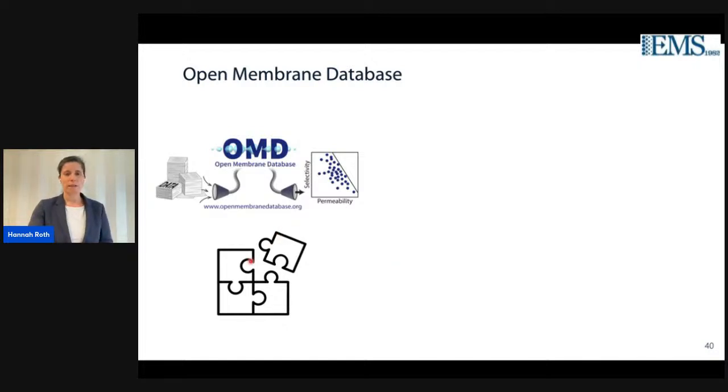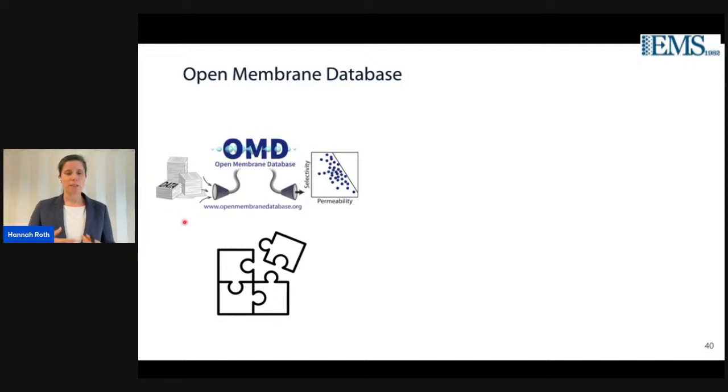And one initiative that stands out there is the Open Membrane Database that has already started to gather data on hollow fiber manufacturing, but also a lot of data on membrane characteristics.